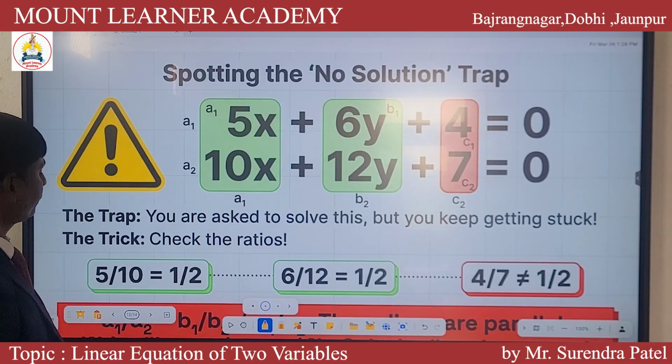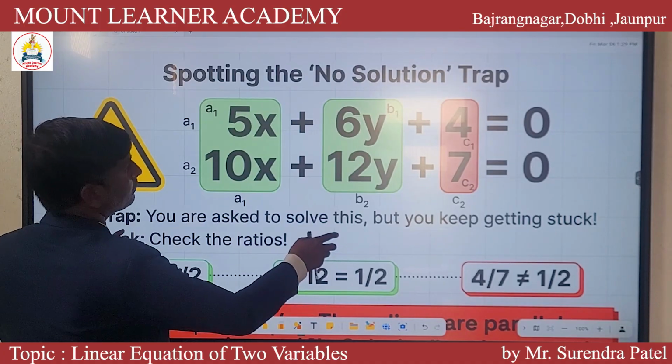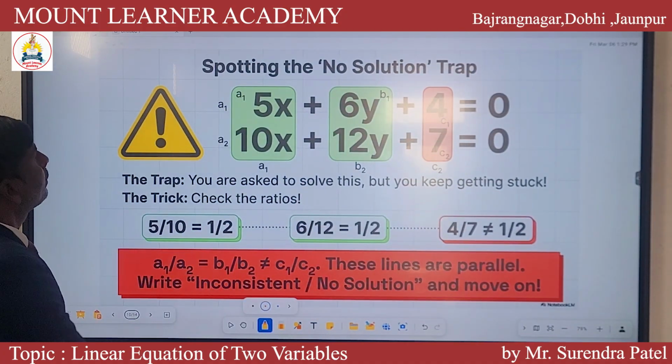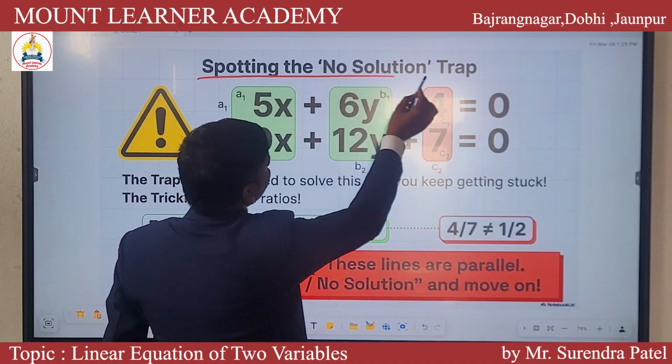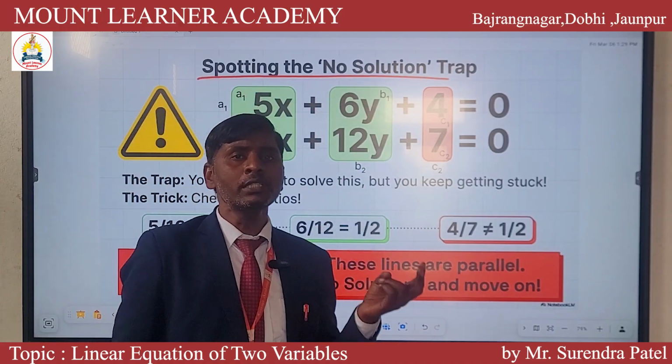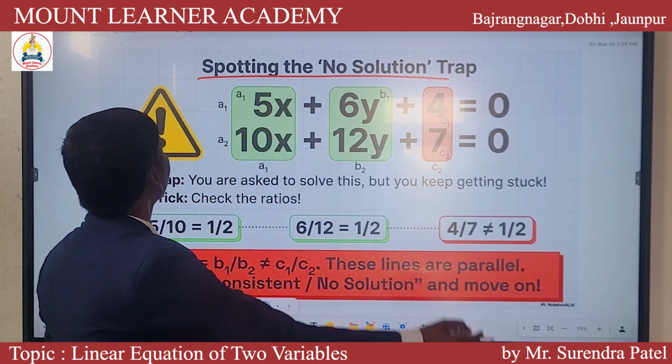Now next, spotting the no solution trap. There are three cases: one unique solution, no solution, and many solutions.